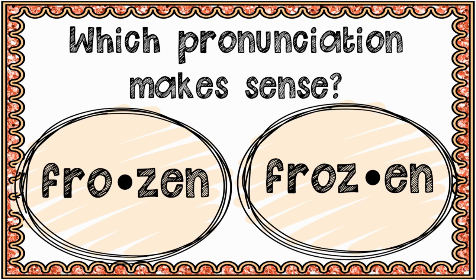What would that sound like? Did you say frozen? So now going back to our sentence, the water was blank solid. Would it be frozen solid or frozen solid? You're right, it would be frozen.